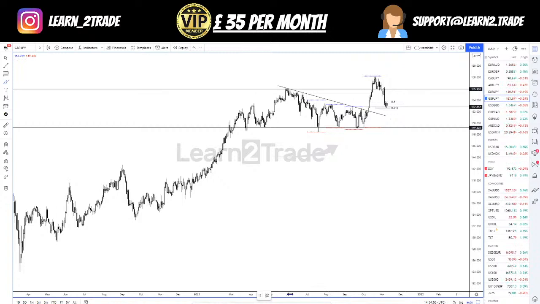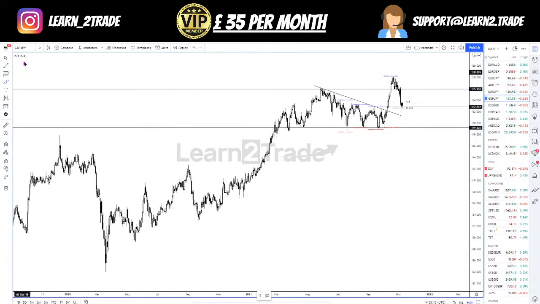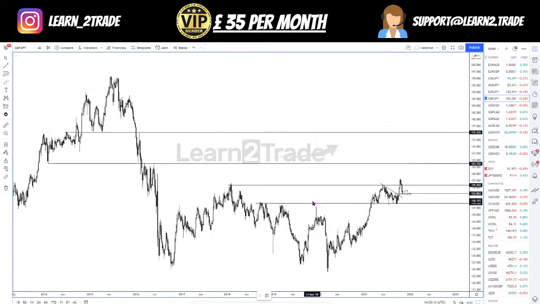I was looking at the possibility of really getting super long on a break of this continuation pattern, more so because, let me show you, let's go to the 4-day chart.